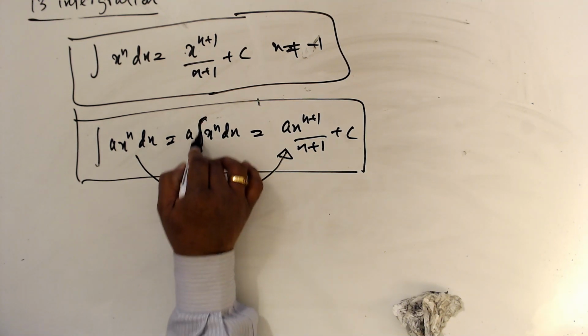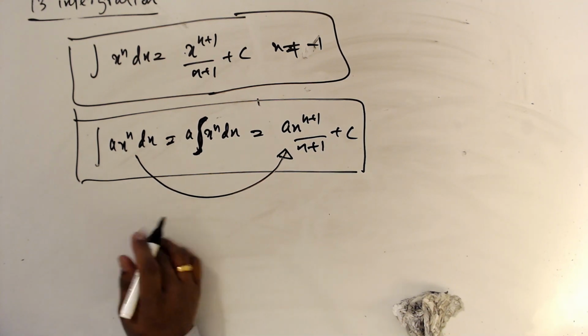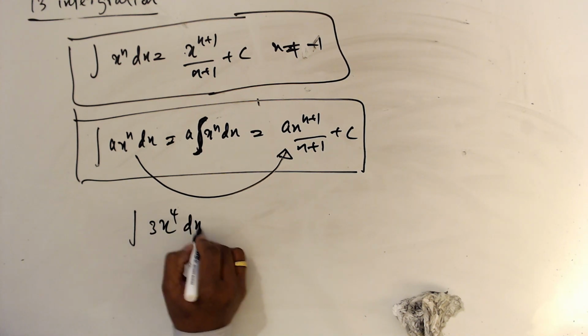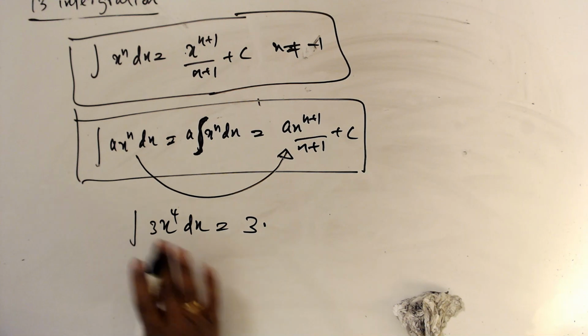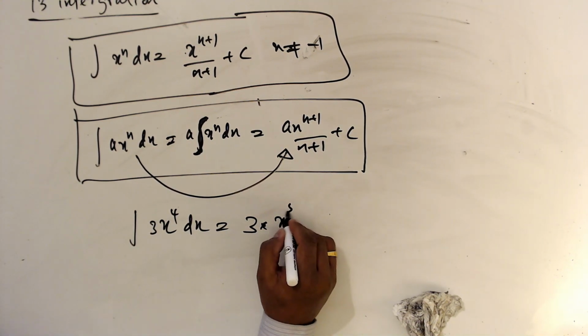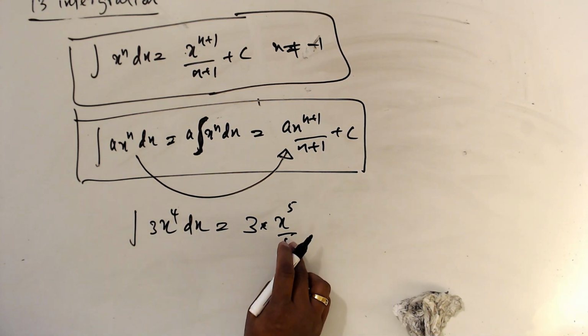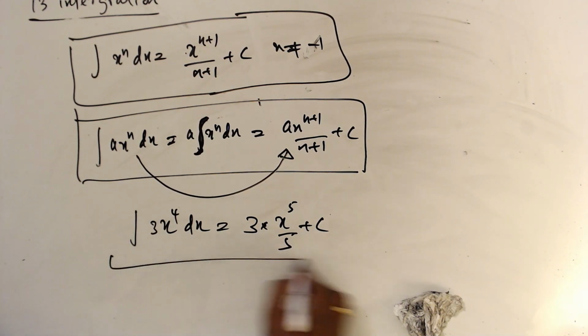It's good to know this. Now the summary of this: if we have 3x^4 dx, how do you integrate? You simply keep 3, don't worry about that, 3 times x^5 over 5, since 4 plus 1 is 5. That's it. That is the summary.